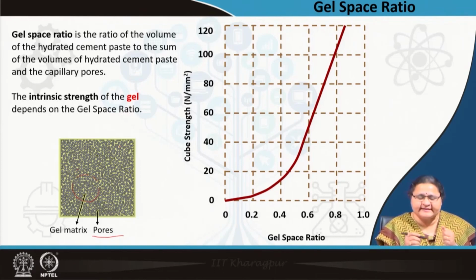So, the intrinsic strength of the gel depends on the gel space ratio. This water and the cement together form the gel and leave pores inside, and if these pores are more, the strength of the cement will be less.